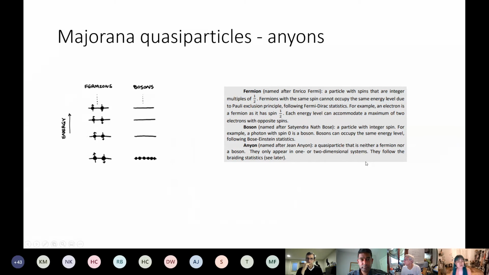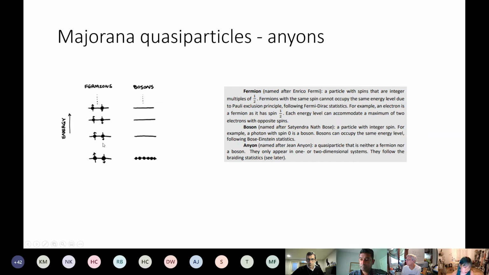Another concept to know about is the statistics of these quasiparticles. You may have heard of fermions and bosons. They have different statistics: if fermions have different spins, you can have two of them occupy the same energy level, but no two with the same spin can occupy the same level.